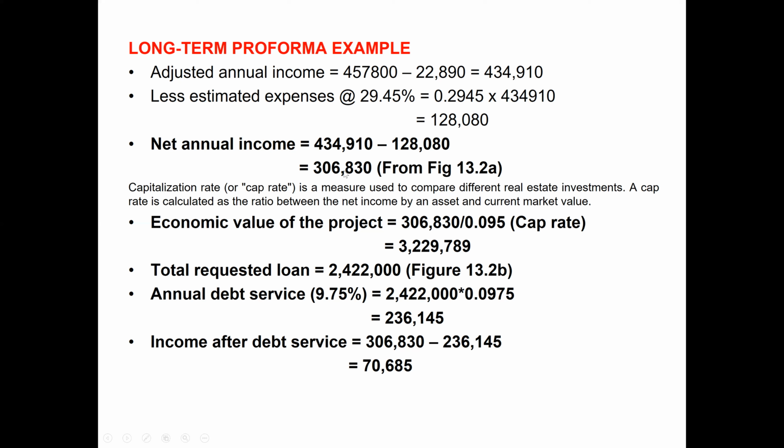We have the total income 306,830 minus this annual debt servicing 236,145. So the net profit annually is 70,685.